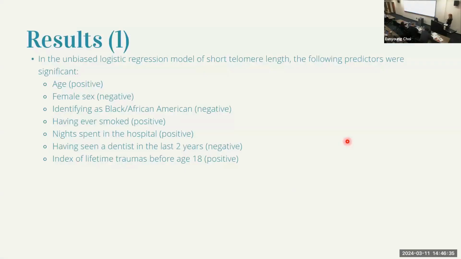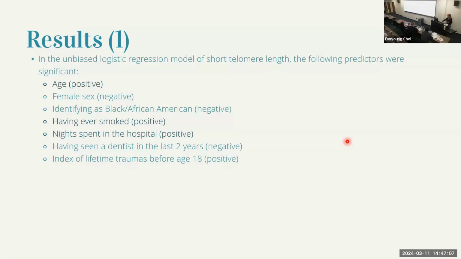Okay, so what did we find? In our logistic regression models, I'm just going to focus on the last one. What we found is that certain things were related to shorter telomere length, but not the contextual variables. So age, for example, older age, higher likelihood of having shorter telomeres. This is not surprising. Having ever smoked, higher likelihood of shorter telomeres.